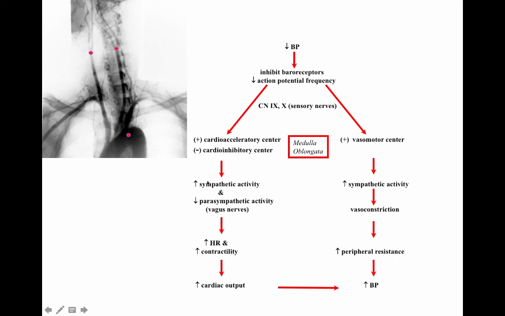The output, however, is an increase in sympathetic activity, a decrease in parasympathetic activity, which increases heart rate and contractility, increases cardiac output, and combined with the vasomotor center, which increases sympathetic activity, which increases vasoconstriction, increasing peripheral resistance, increases blood pressure. So when we constrict these vessels, we increase blood pressure. So all of this in response to lower blood pressure.